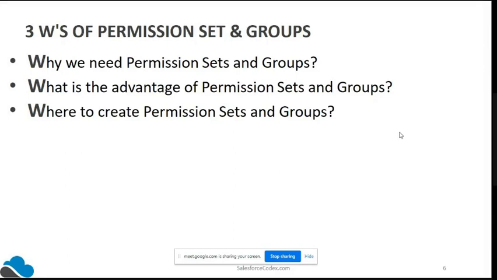Depending on that, a profile will be created. The profile will have all the levels: application, app, object, and what tabs and objects he needs to see in the application. All this is defined in a particular set.